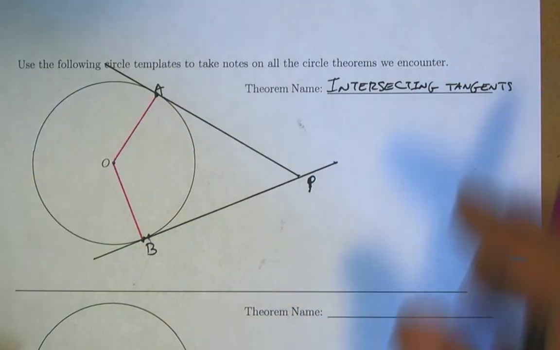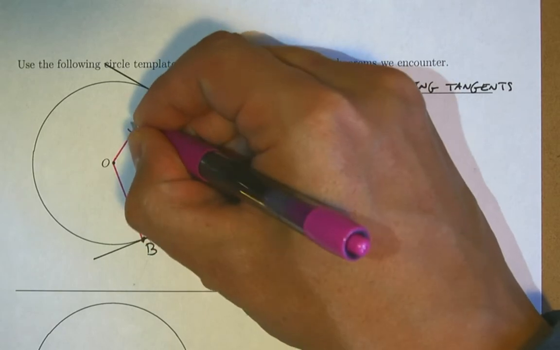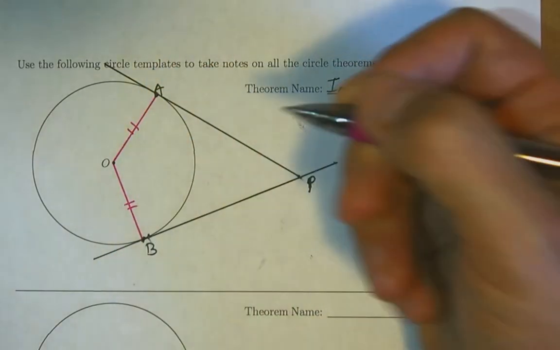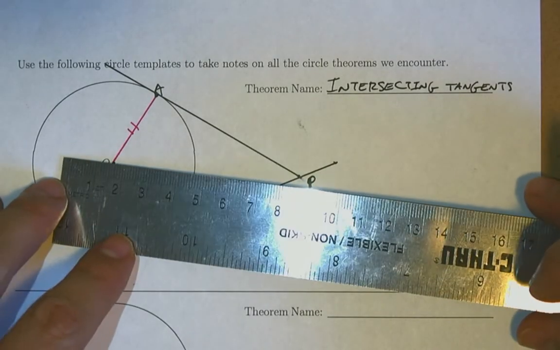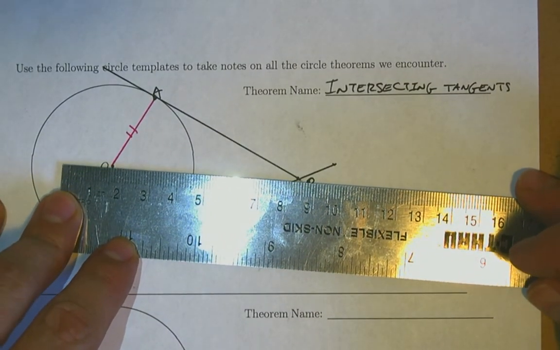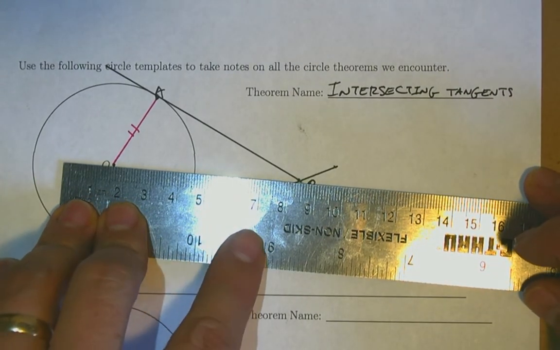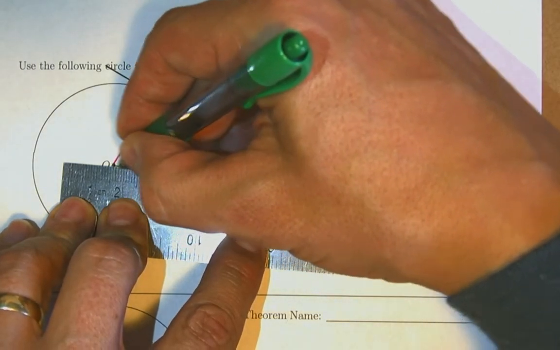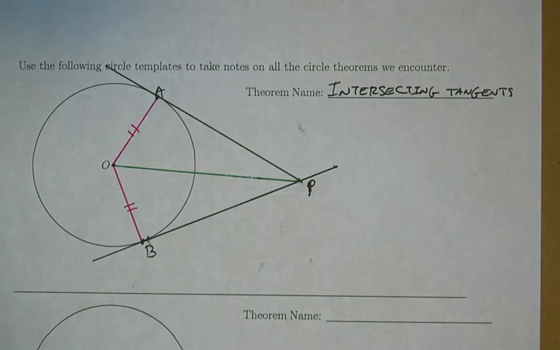We have our two radii, and they are the same length because they're both radii. Then we're going to finish this off by making two triangles, by drawing in segment OP. And we have two triangles here.